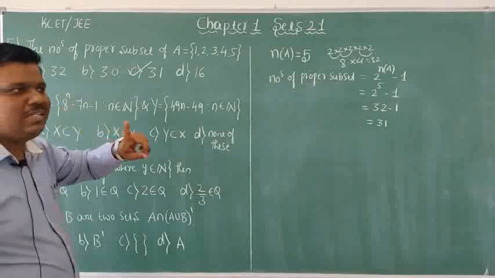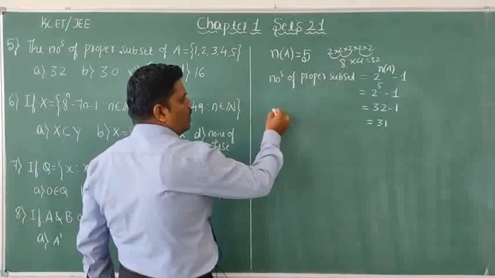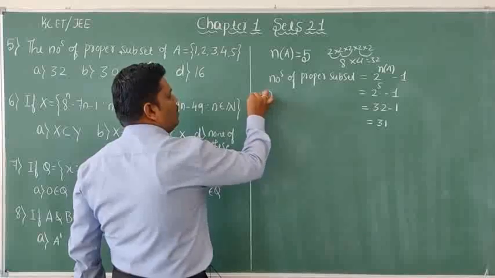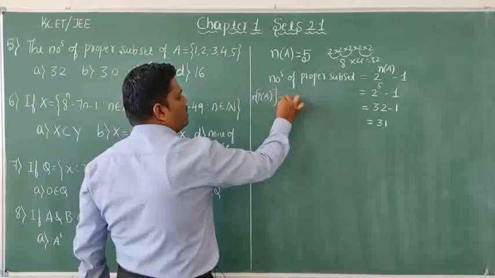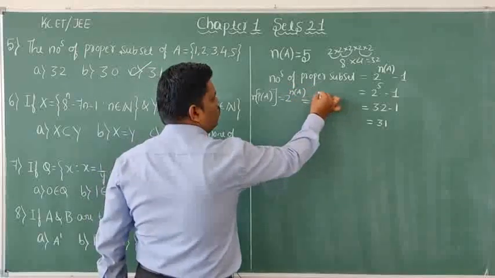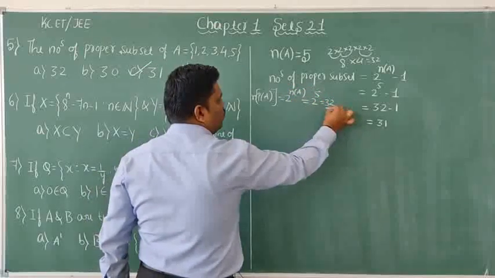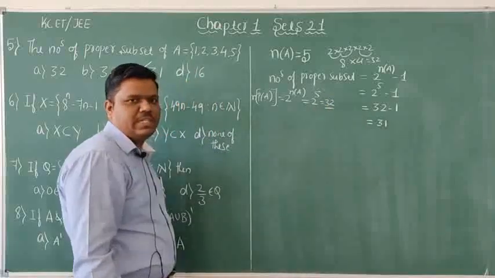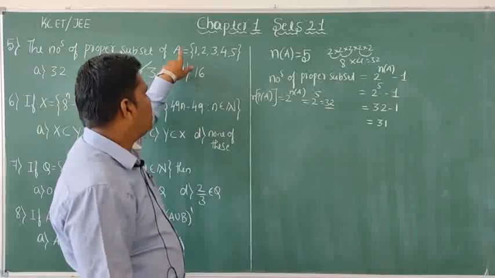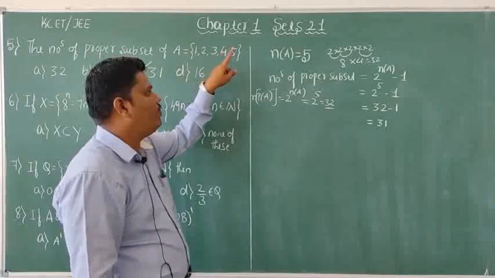Because for one set, the total number of subsets, P(A), is equal to the number of elements present in P(A), which is 2 to the power n(A), that is 2 to the power 5, equal to 32. In these 32 subsets, we have one set. That set is exactly A, which is again {1, 2, 3, 4, 5}.